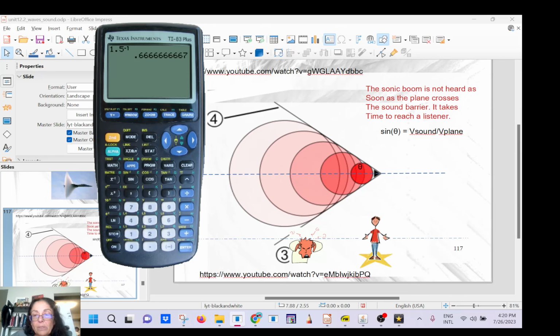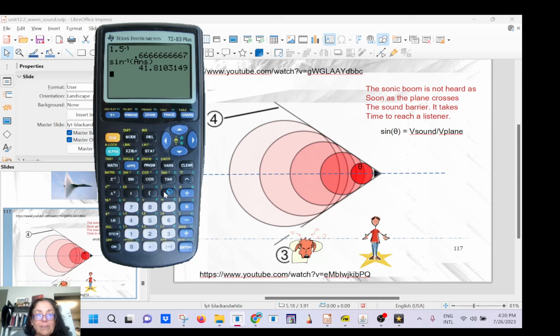So it will be 1 over 1.5, okay? And then you take the inverse sine, and you get a cone of 41 degrees. So that's going to be 41 degrees.